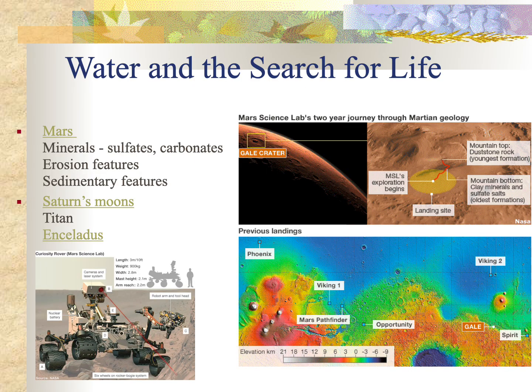And that chemistry is to look for water, to look for liquid water, to look for minerals that form in water like sulfates and carbonates, to look for erosion features that suggest water was on the planet. When we go to other planets like Mars or the moons of Saturn like Titan or Enceladus, the first thing we're really doing is looking for water because it's such an important molecule for life.